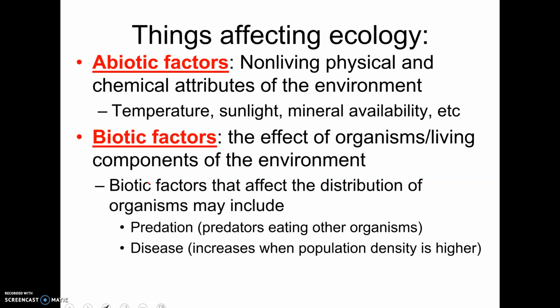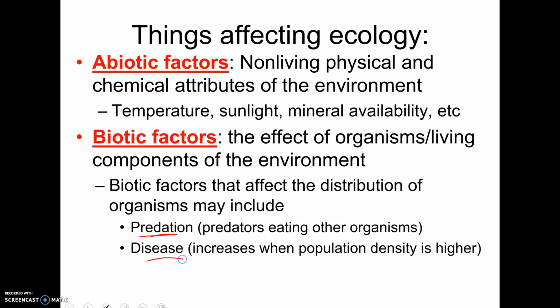And then biotic factors. This is the effect of the organisms on the environment as well. So yes, the temperature and the amount of rain is going to determine what can live there, but so is the amount of different kinds of organisms, like predation. If you're looking at an area where there's a lot of predators of a particular kind of prey, maybe a particular organism doesn't survive very well there because the predators will eat it.